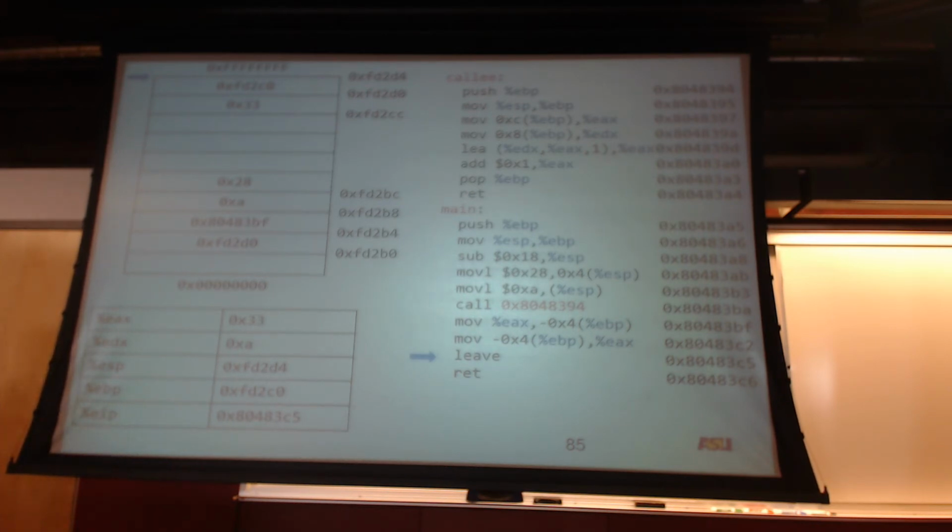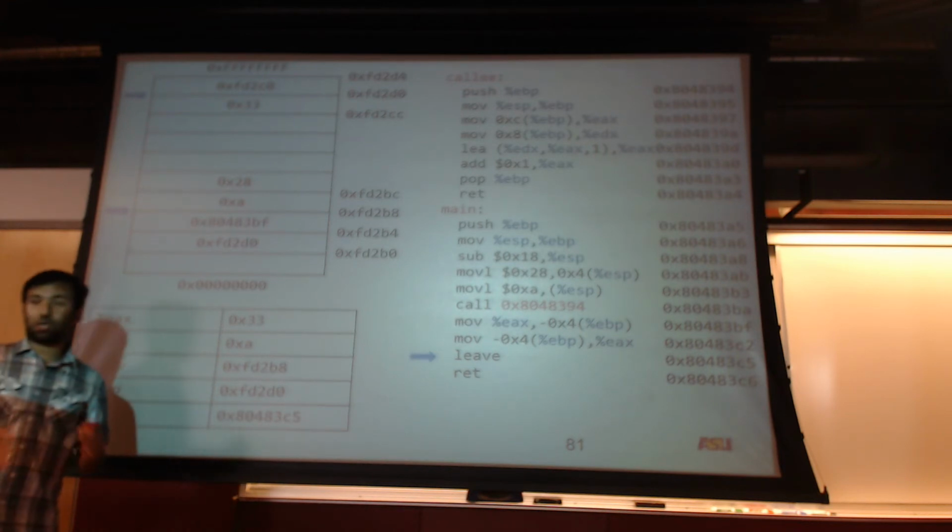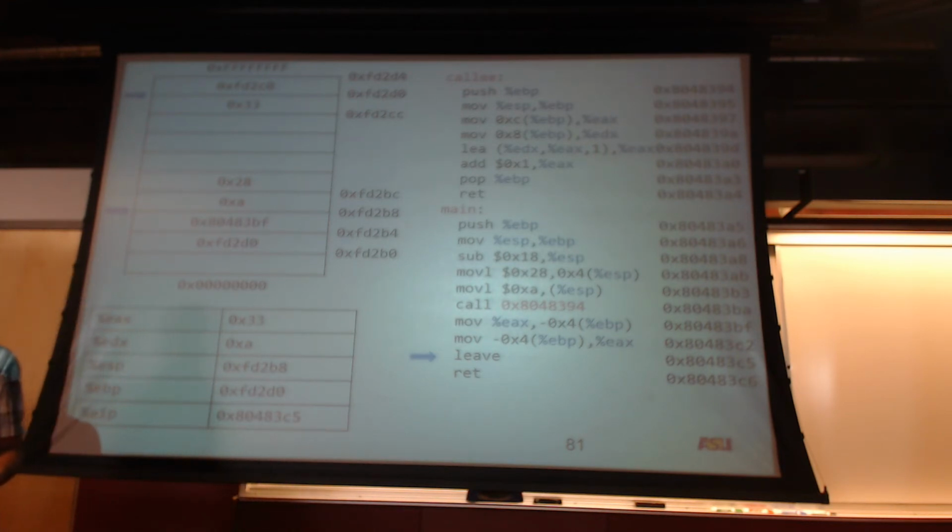Let's reiterate this. Why did this happen? We are executing leave. What did we do when we called main? Main is a callee now, and the caller was some process, right? Now, what is the responsibility of the callee when it returns?